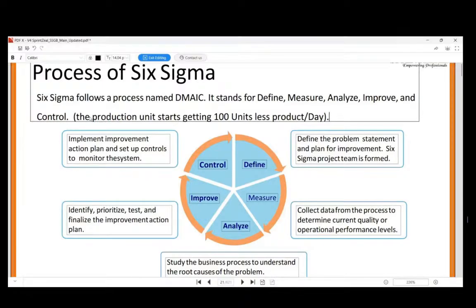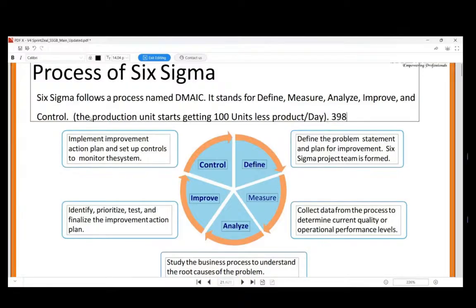Now I need to understand from when this problem has occurred. It says collect data from the process to define current quality or operational performance level. So what I did, I sent an email stating that provide me the data for 1 month.